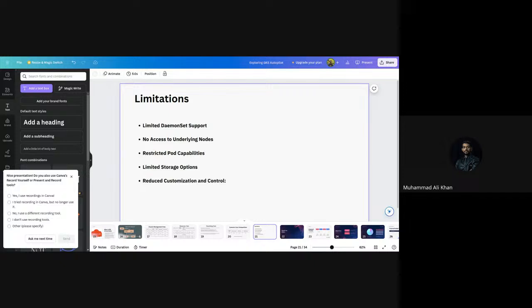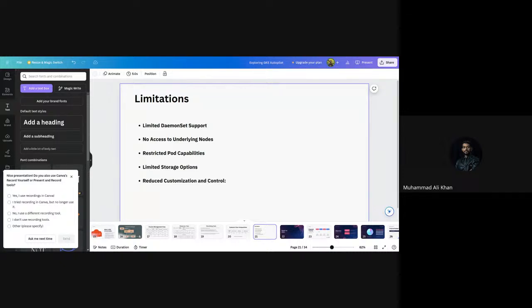In the serverless offerings, you can't SSH into nodes if you need to look into the node configuration or manage node configuration, or troubleshoot performance related to nodes. Since all of these nodes are managed by the cloud provider itself, you can't really have control over your nodes. Next, restricted pod capabilities.